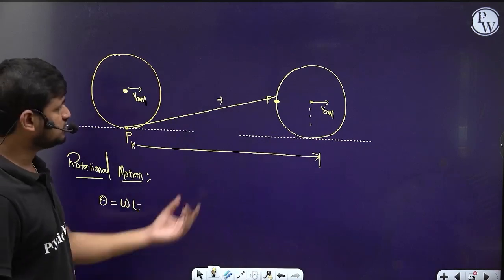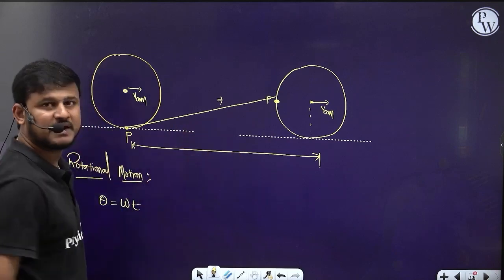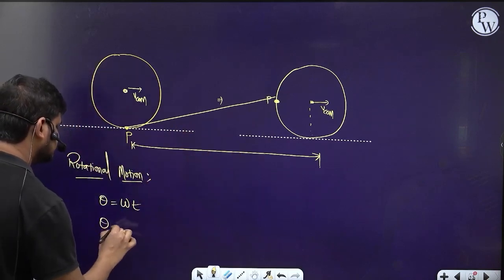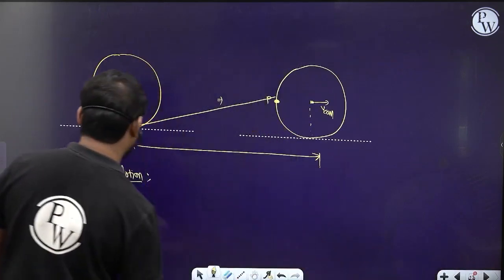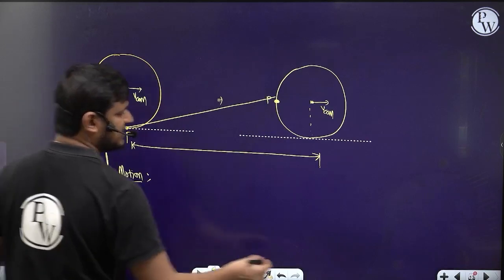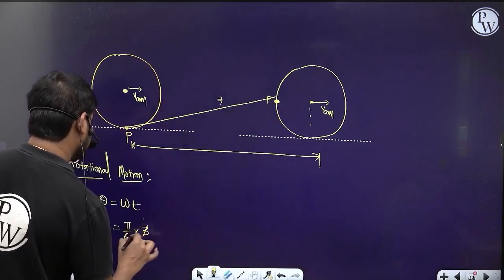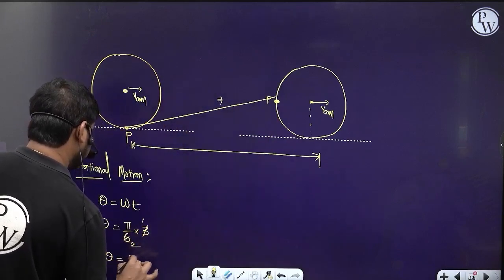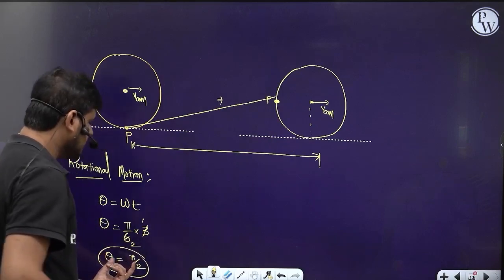How much angular displacement will the particle make? Omega is given in the question as pi by 6, and t is 3 seconds. So 3 ones are 3, 3 twos are 6, which means the particle will make an angular displacement of pi by 2.